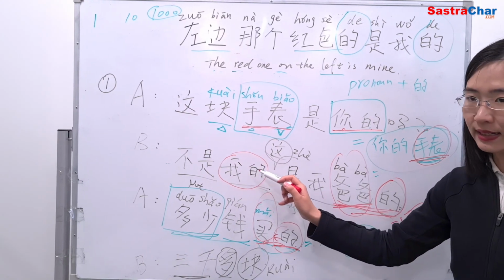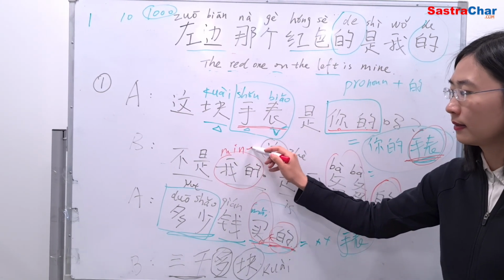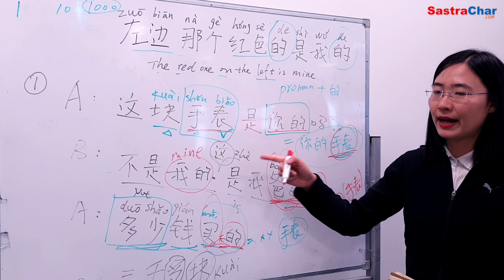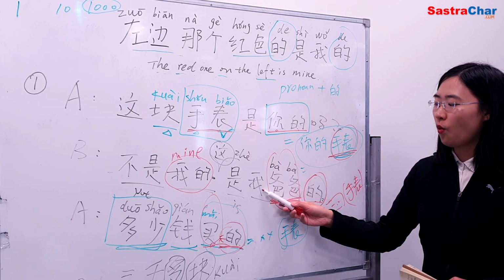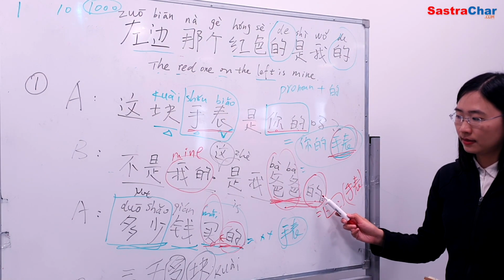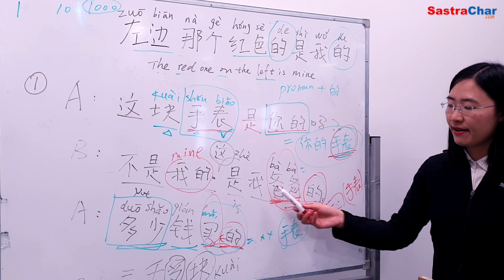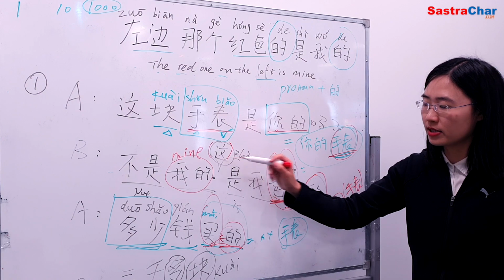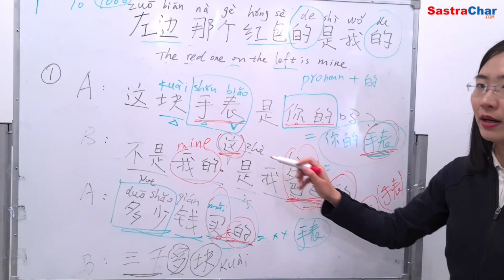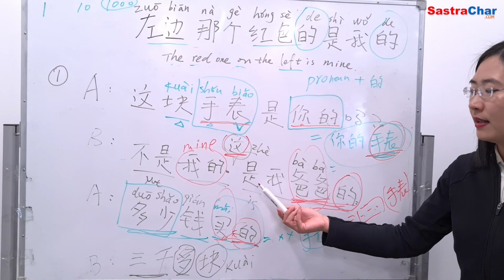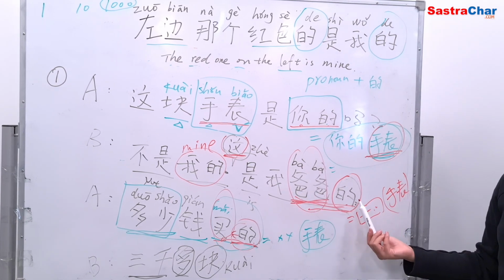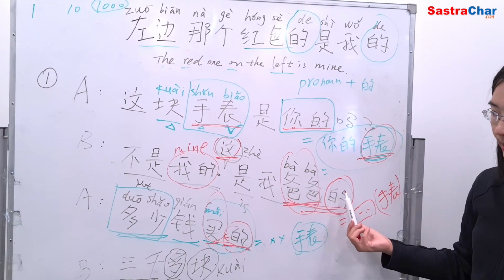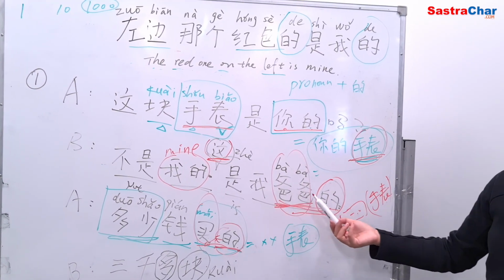Not mine equals my watch. 是我爸爸的. It's my father's. Okay, and we omitted 这 here, because we all know we are talking about the watch here. So you can say, it's my father's, equals it's my father's watch.